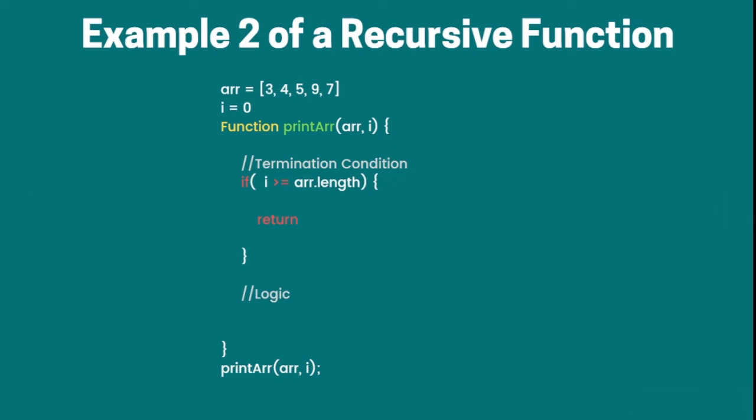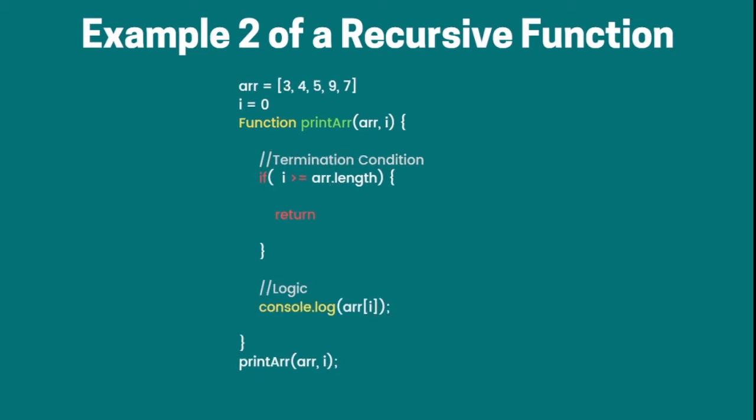The next thing is the logic. What do we want to do? Why did we create this function? We want to print all the elements in an array. The way we print it is we use console.log r, which is the name of our array, and then we put this bracket here. And if you're used to programming, you should understand that this bracket here basically means the index, and then I is serving as our index.